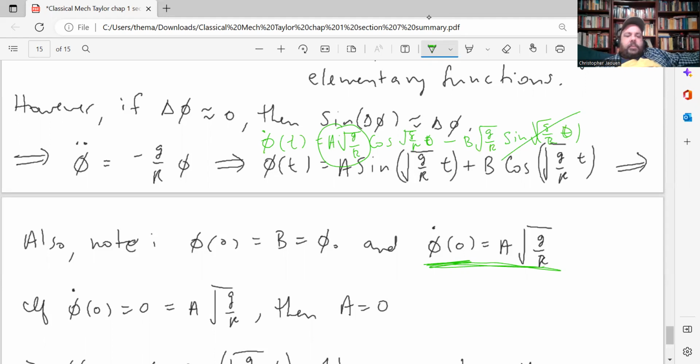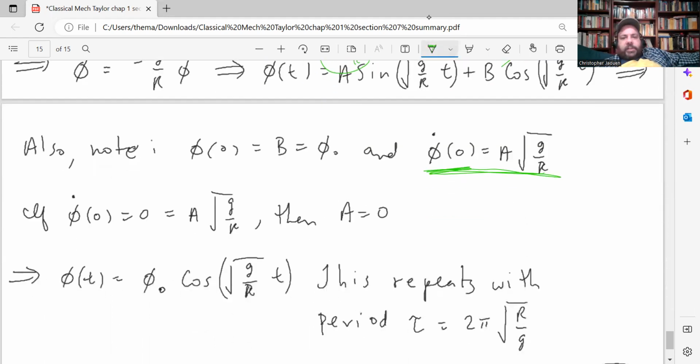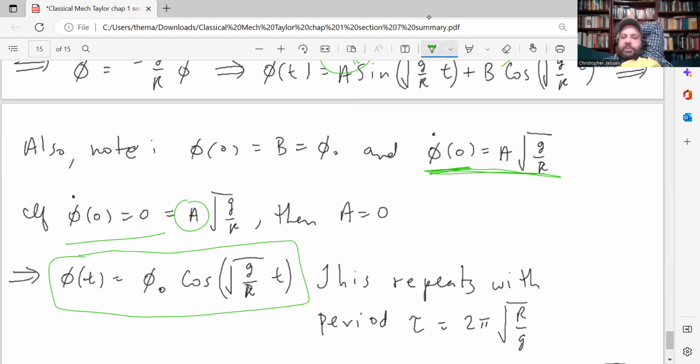And like I said, we're assuming that we're releasing the skateboard from rest. So in other words, the initial velocity is 0. That means that a has to be equal to 0. So we get the position function for the skateboard at time t, which is given by this expression here: phi 0, which is the starting position, times cosine of square root g over r, which is the frequency, times t.